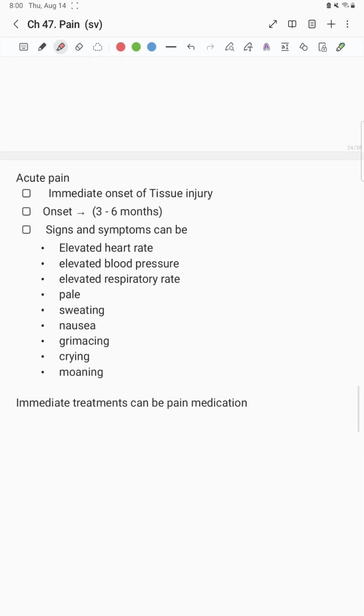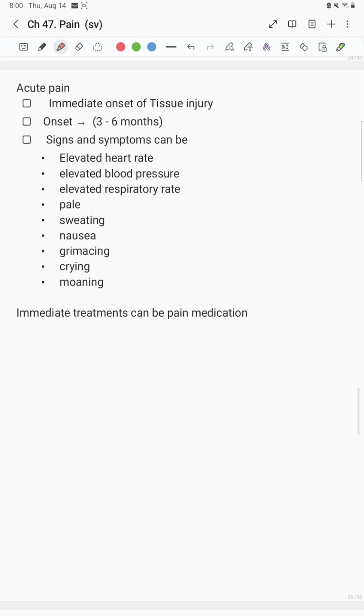Acute pain is immediate onset of tissue injury. And so the pain begins on the onset and it can last up to 3 to 6 months. Signs and symptoms can be elevated heart rate, elevated blood pressure, elevated respiratory rate, pale, sweating, nausea, grimacing, crying, and moaning.